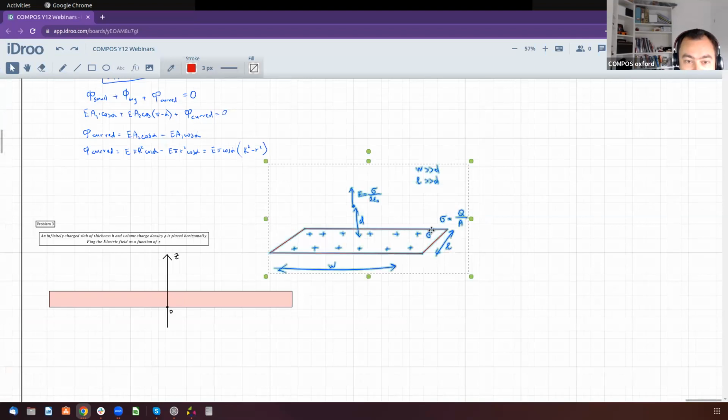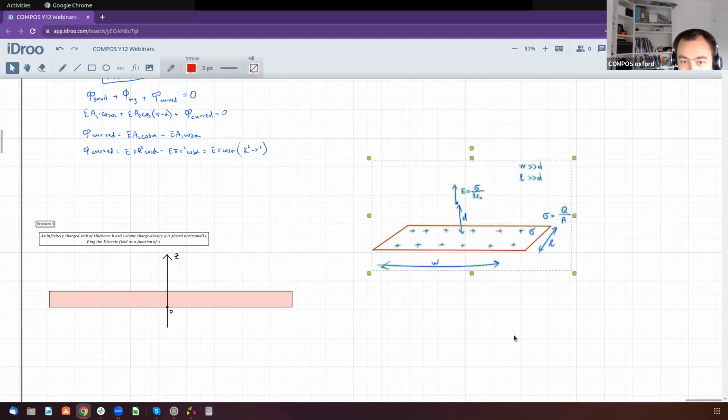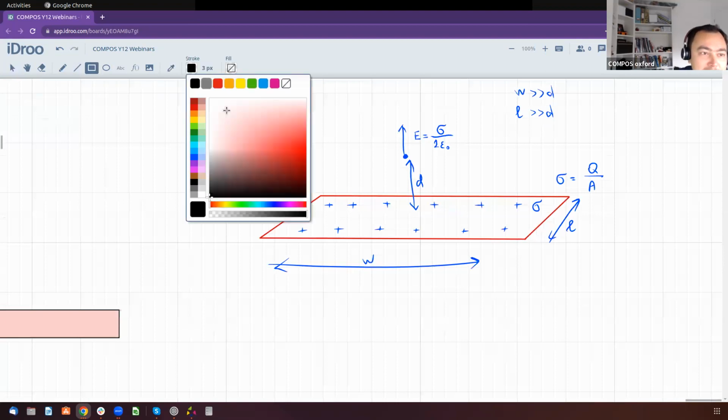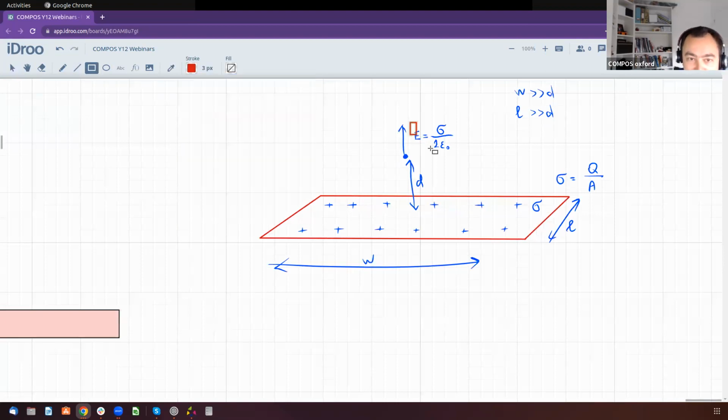So yeah, do you notice anything special about this formula? Anything surprising? The electric field is sigma divided by 2 epsilon 0.